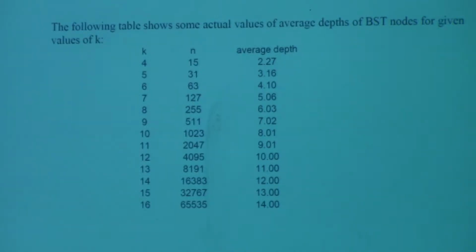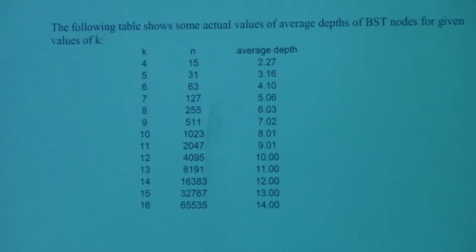And if you look at them, this is the height of the tree, and this is the average depth. So the height of the tree is 16. The average depth is 14. What is the depth of the deepest node in a full tree? Here, when the height is 16, the depth is actually 15.